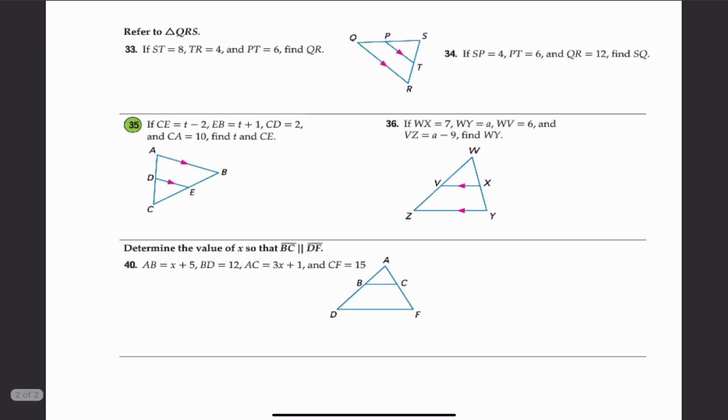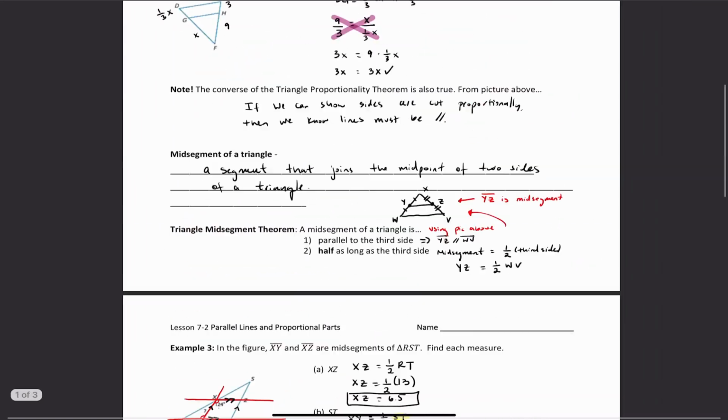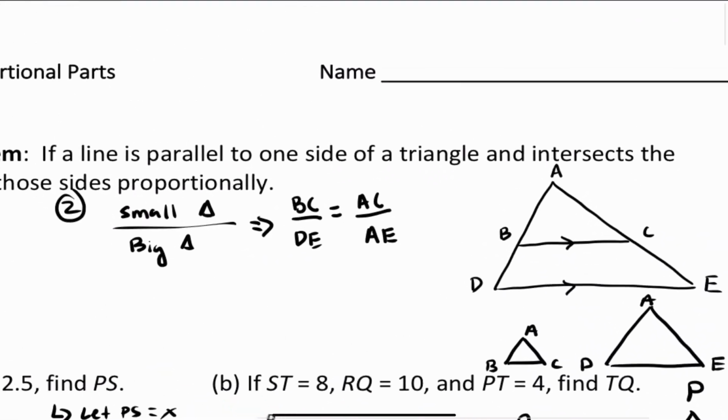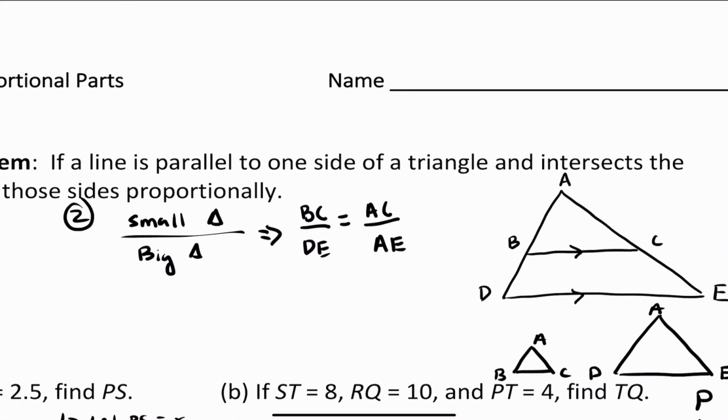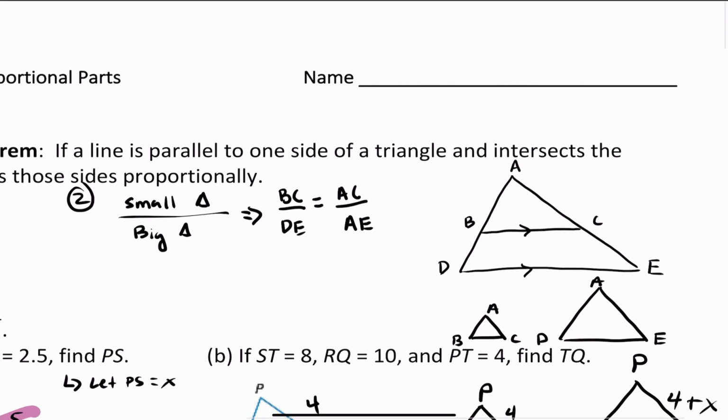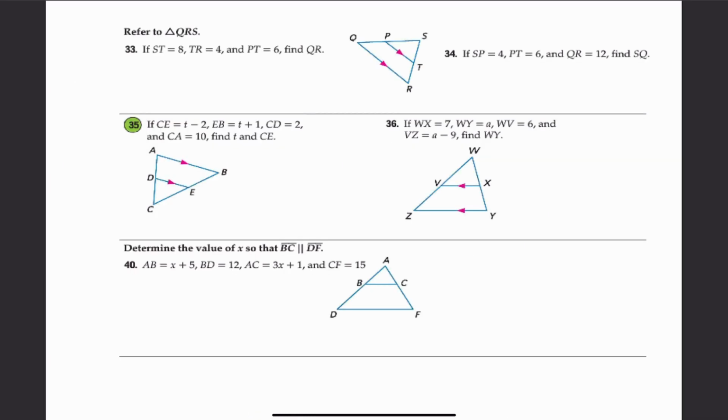This is a little different because for number 33, let me go back to the notes. You're going to use this setup. You're going to use the small triangle over the big triangle, and if you're confused on that one, I highly encourage you to watch the notes video for that one.